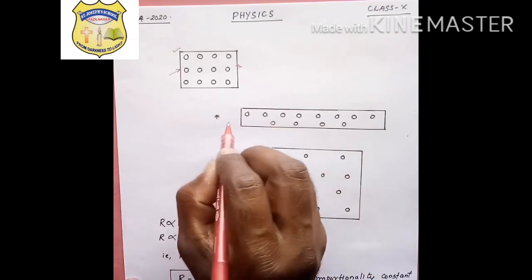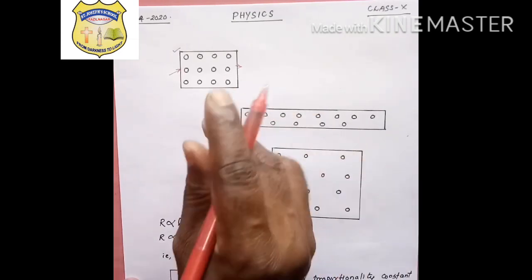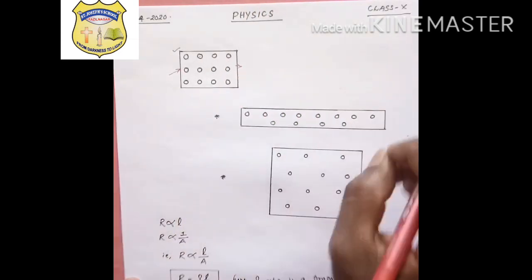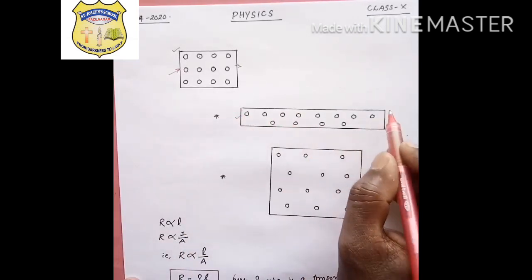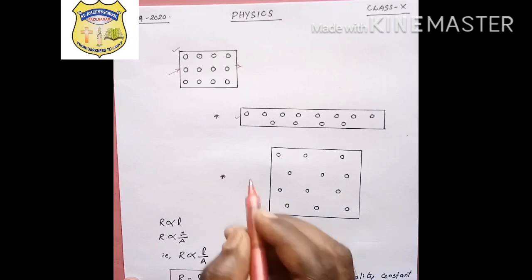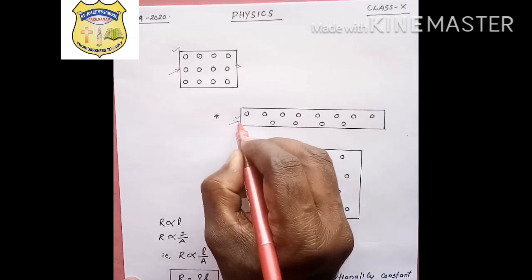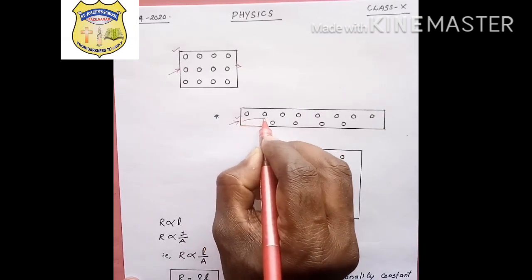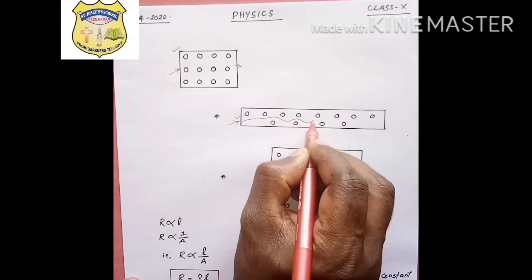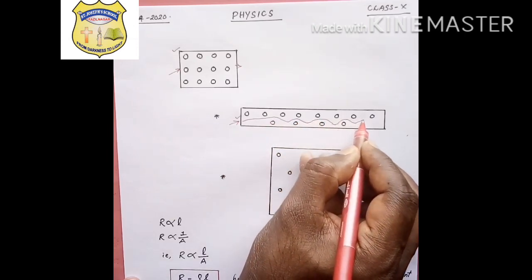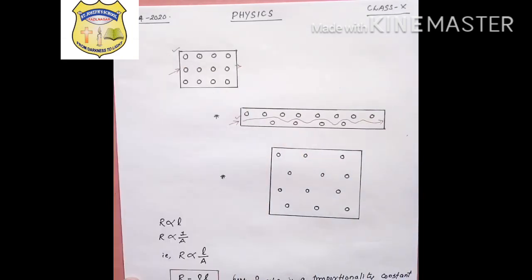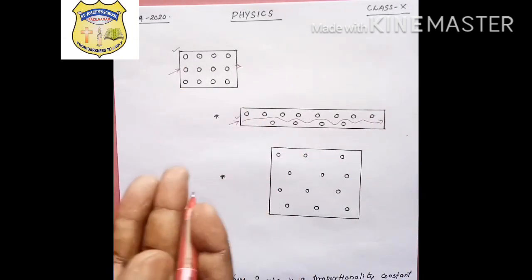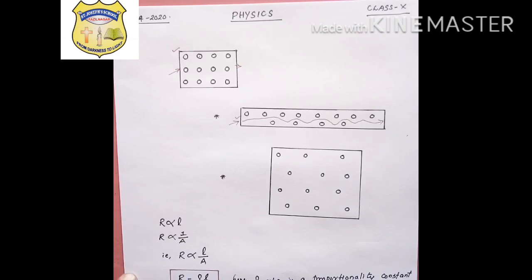Now I am going to increase the length of the conductor. The length of the conductor is increased, right? In this case, when electric charges are flowing through here, there is a large difficulty as compared to the first condition. Here the difficulty increases, right?